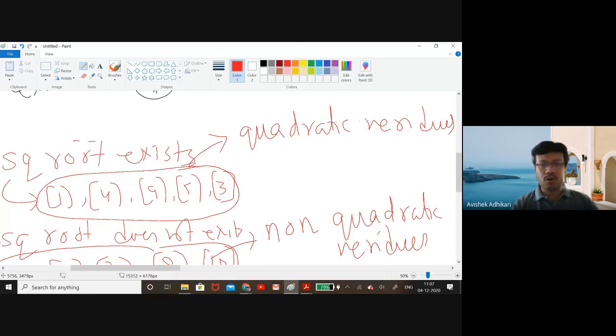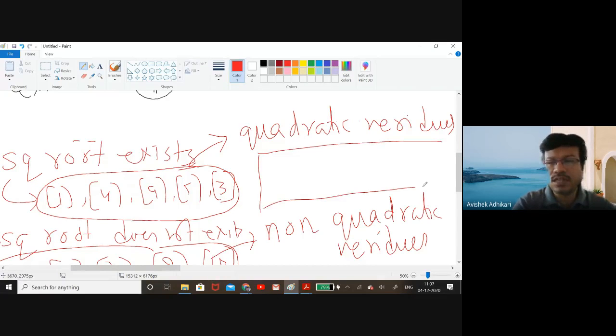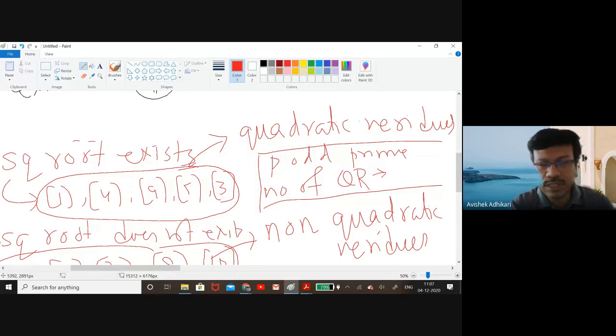where P is an odd prime, the number of quadratic residues is... So if you have some intuition from here, then if I want to state, if P is an odd prime, then the number of quadratic residues is how much, you guess? How much you want to say?